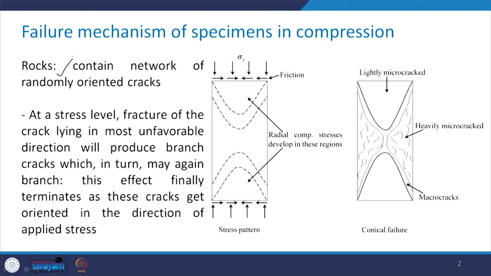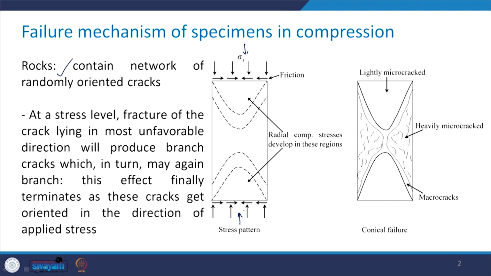So what happens when we apply the first increment or the initial increments? The cracks are oriented randomly, so their orientation is in all the directions. Now the loading is applied in this direction, that is in the axial direction, which is vertical here.